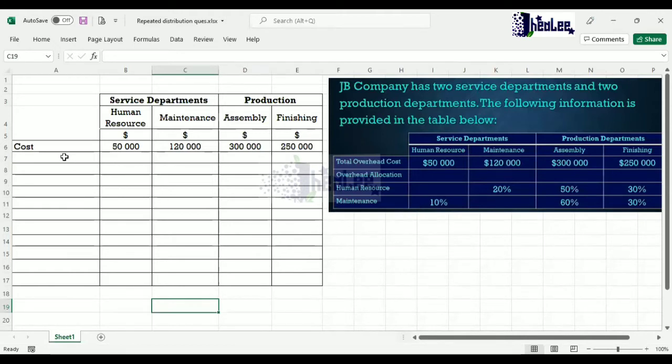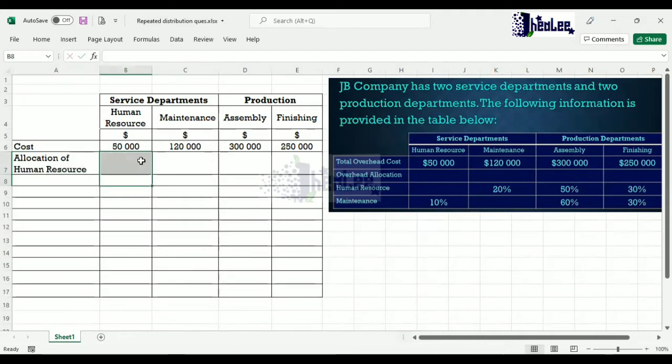We're going to start by allocating, as indicated earlier, the human resource department. So allocation of human resource. Before we get to that, let's put in the amount that we are allocating, which is $50,000.